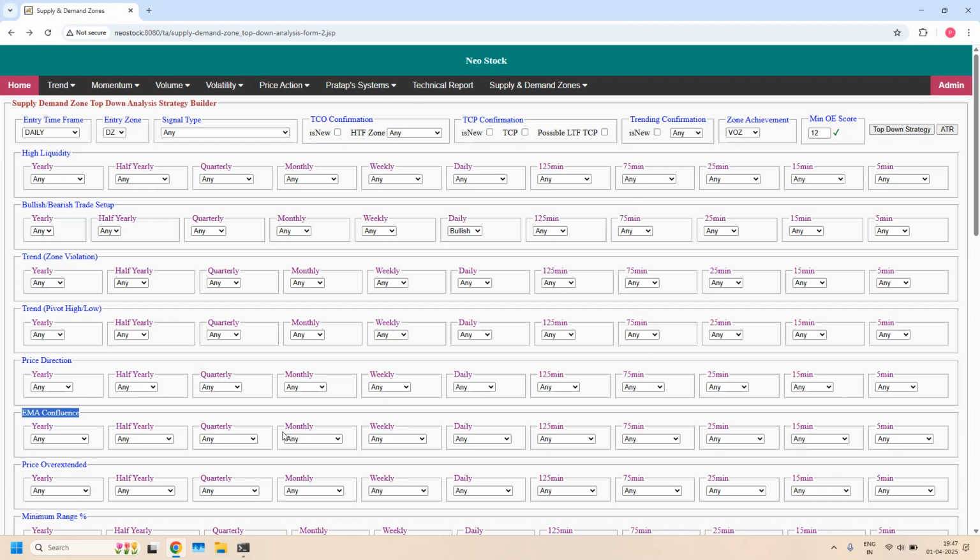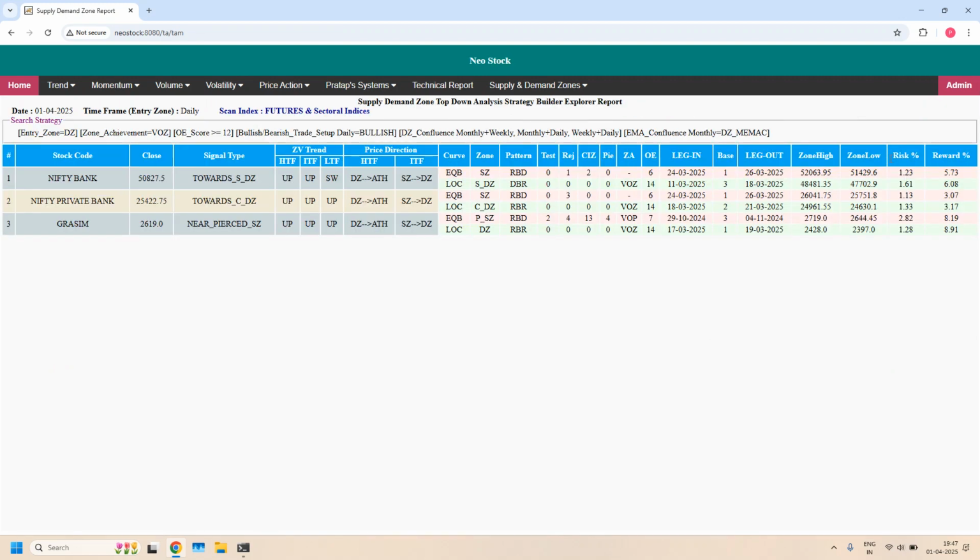In the EMA at monthly time frame, I am checking monthly demand zone having monthly EMA confluence. All 3 are filtered. So all the 3 stocks are having even more high probability, especially these daily demand zones, because they have confluence with weekly and monthly, and also that monthly is having monthly EMA confluence. So this is the bullish trade setup for monthly income trade.